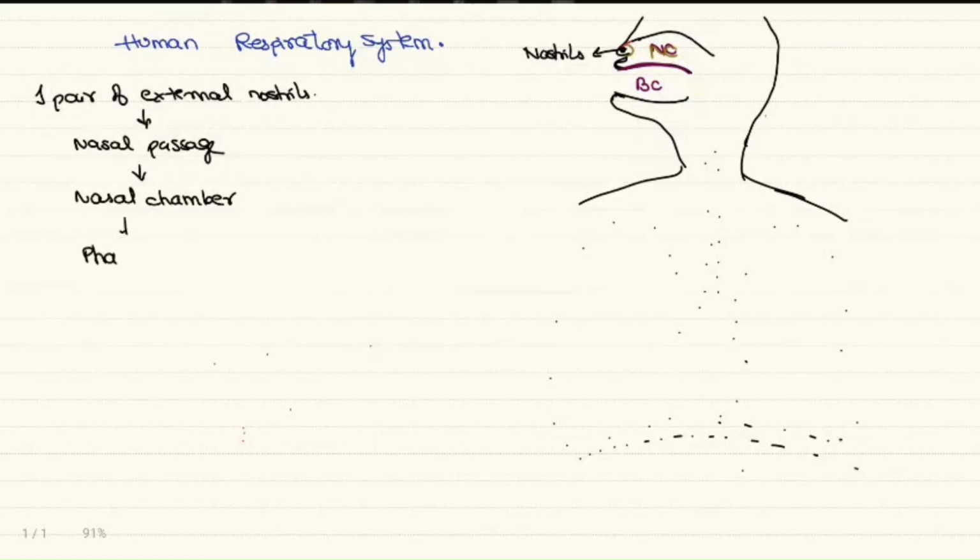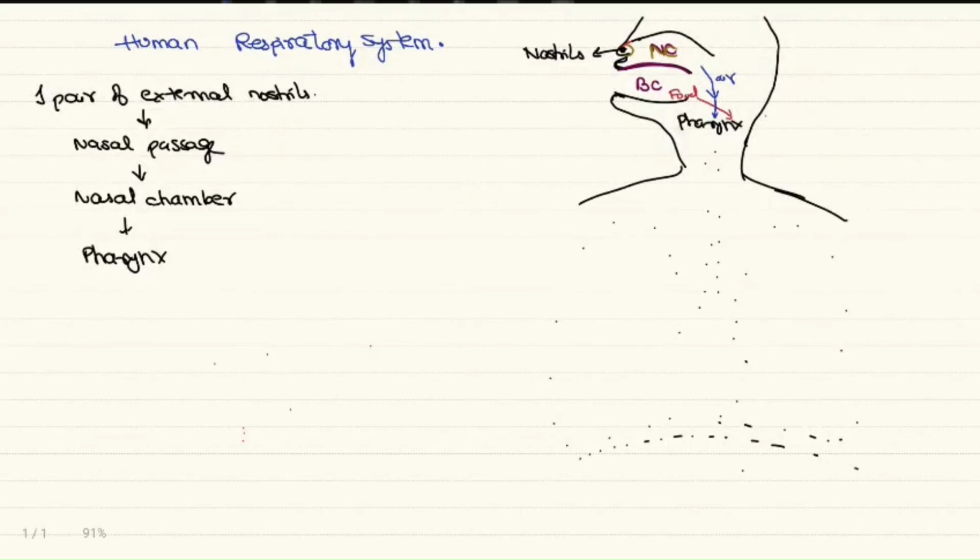From there, we have a common passage called the pharynx. So pharynx is a common area for both food as well as the air. The air which enters from the nasal region and the food which is coming from the oral region, these two will cross at the pharynx region.